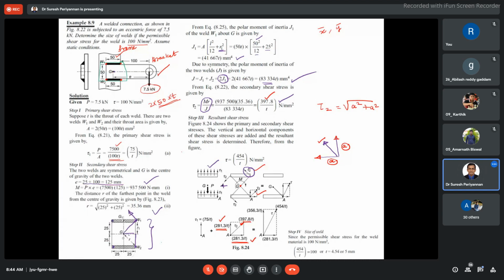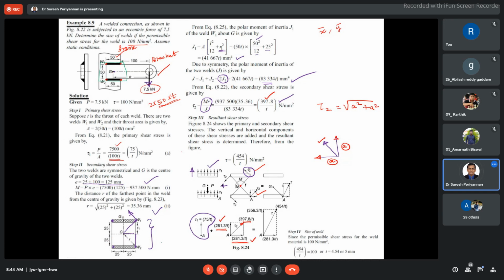Now we know already the direct shear in the vertical direction. Why vertical direction? Our load is acting in the downward direction, hence the weld shear should always be opposite, in the vertical direction. Suppose the load is acting in the vertical upward direction, then in the weld the direct shear will be acting in the downward direction.